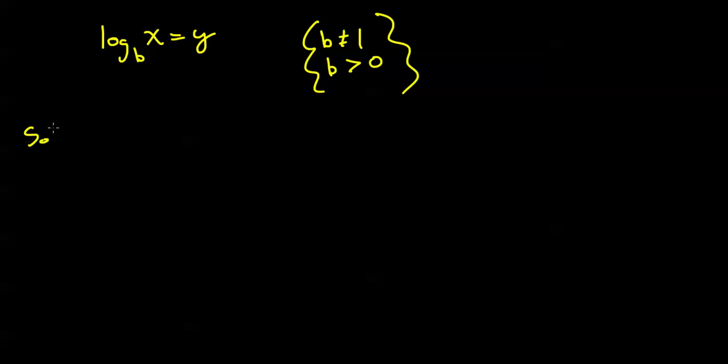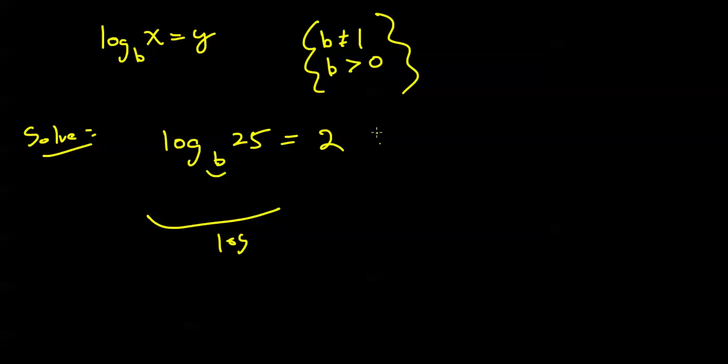Let's say I give you an equation here, and I'm going to start out with a log equation. I'm going to say the log of 25 base b equals 2. And I want to solve for the missing base. Notice 2 of those values, x, y, and b, are specified, so I should be able to find the unspecified third value, no matter what position it's in. I'm going to start out in log form and convert to exponential form.